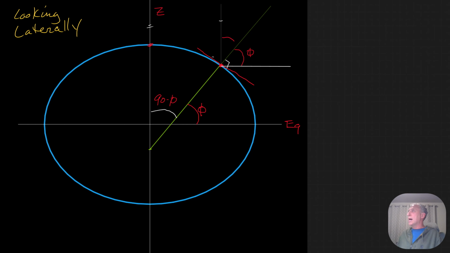And then this is 90 minus phi, and that's important because from inspection we can tell that that is the angle we need to rotate our axis system to align our up, or our u, with the z-axis here. We have to go through an angle of 90 minus phi, but really we need to do a minus 90 minus phi, and that will bring the axis up this way.